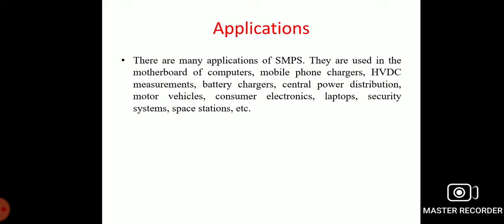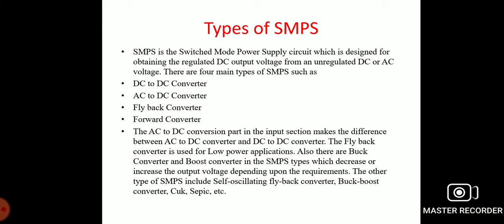Now what are the different types of SMPS circuits? The SMPS is a switched mode power supply, which is designed for obtaining a regulated DC output voltage from an unregulated DC or AC voltage.